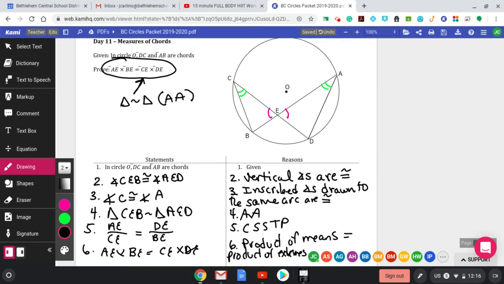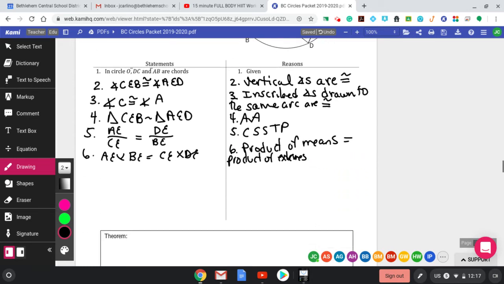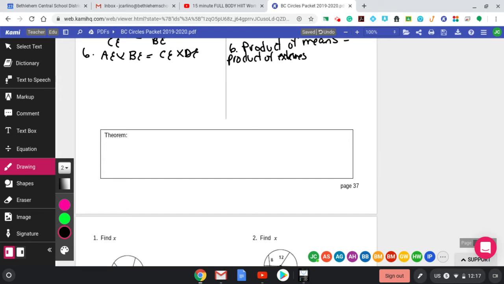Okay? So right now, you may not realize it, but by doing this review proof with similar triangles, you have proven how to find the lengths of chords. Okay? So let's write our theorem down here.